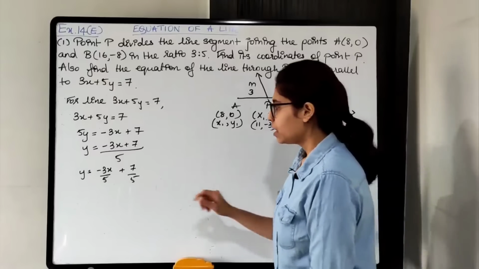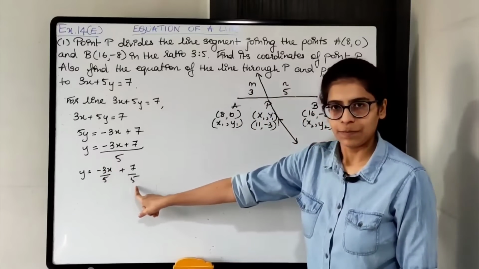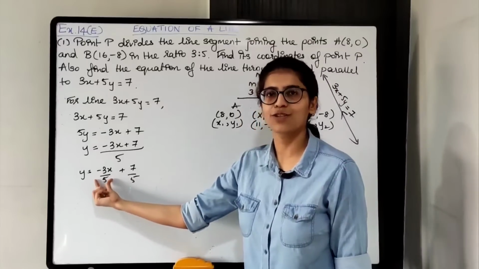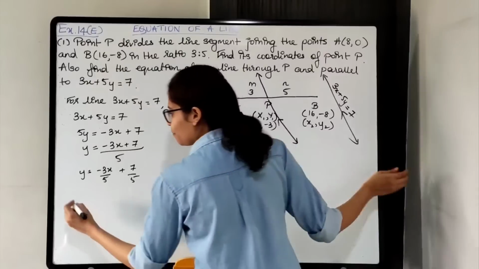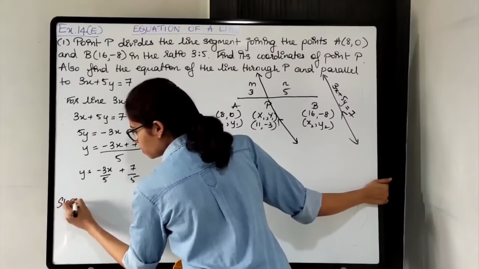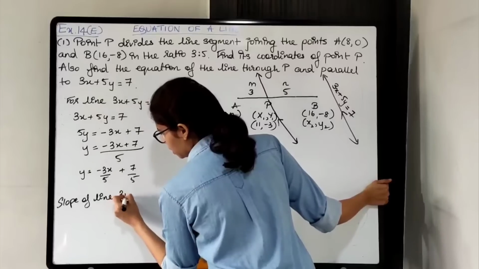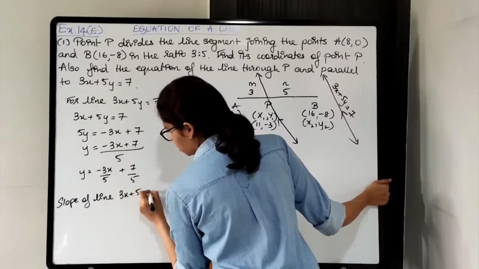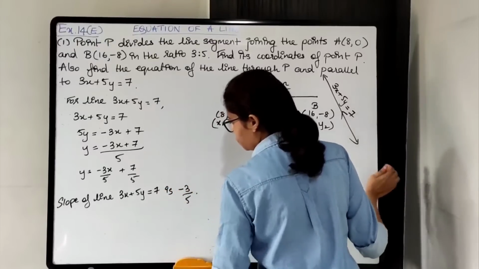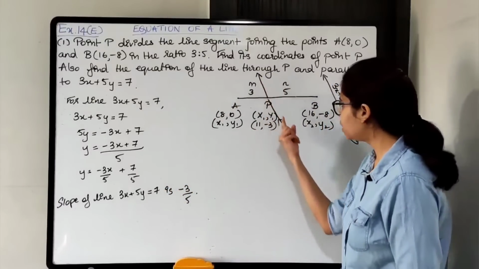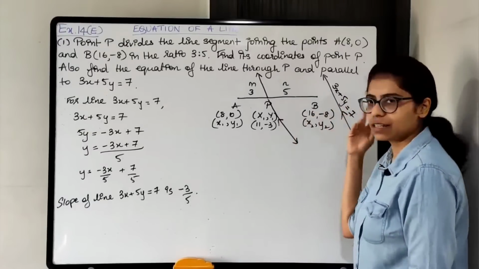Okay. Now it is in standard form y equals to mx plus c. m क्या हो जाएगा? Slope क्या हो जाएगा? minus 3 by 5. Okay, so slope of line 3x plus 5y equals to 7 is minus 3 by 5. So what will be the slope of the line passing through point P? It will be same because they are parallel lines.